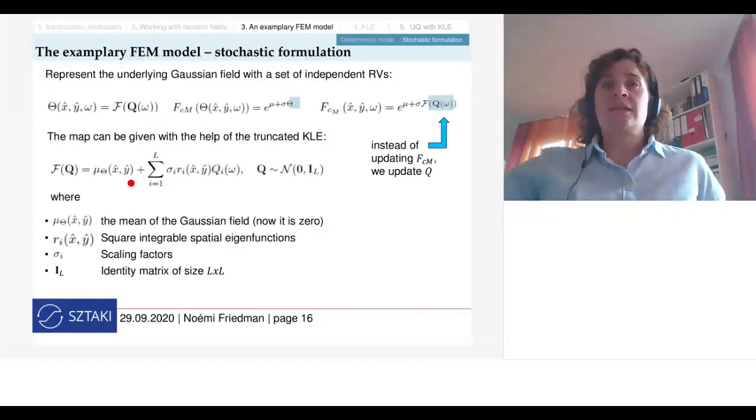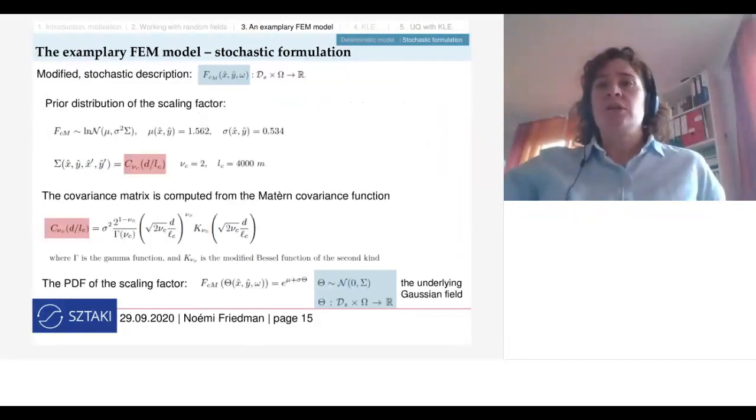So this here is the mean field, the mean of my underlying Gaussian field, which I just told you has zero mean, because I'm only adding the mean of the field by this exponential term.